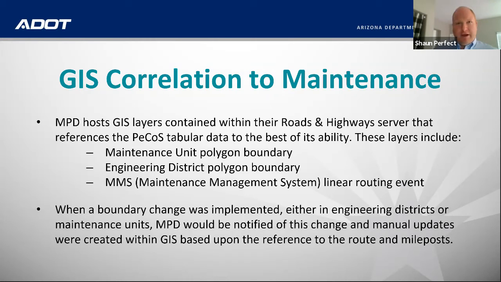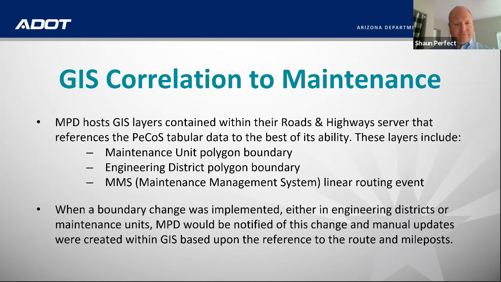They gave us a milepost, and basically from point A to point B where it changed based upon the route and milepost information. And so we took that and we manually went into the roads and highways database and changed it. Now, on occasion, there were more than a few, and it was kind of a tedious task and time consuming, to say the least.